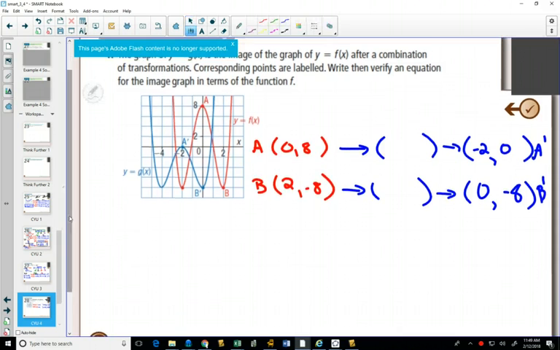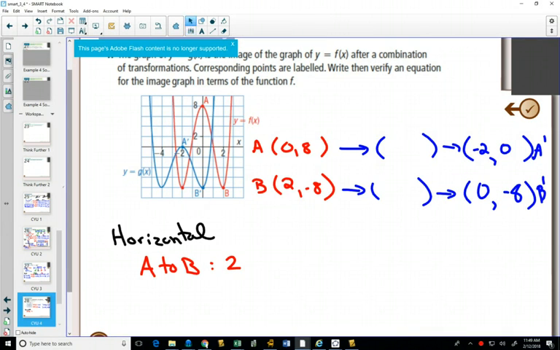So recall, we did that by looking at the different horizontal changes. When we look at our original graph and you go from A to B, you go 2 to the right, so I'll just write that as a +2. And on our image graph, from A prime to B prime, you go from -2 to 0.